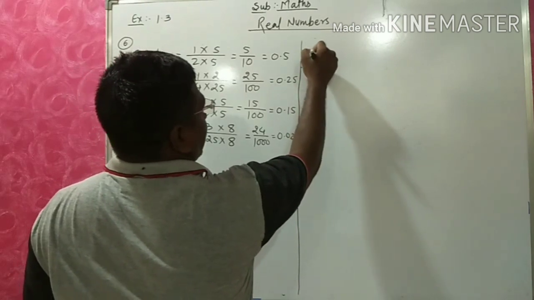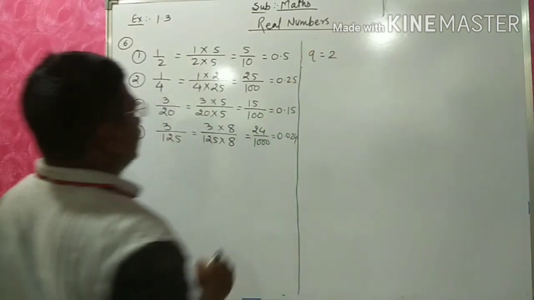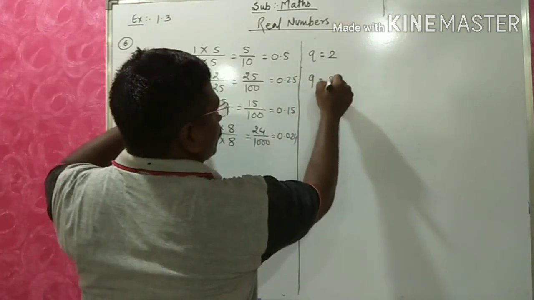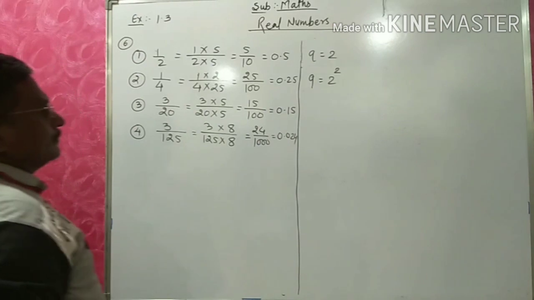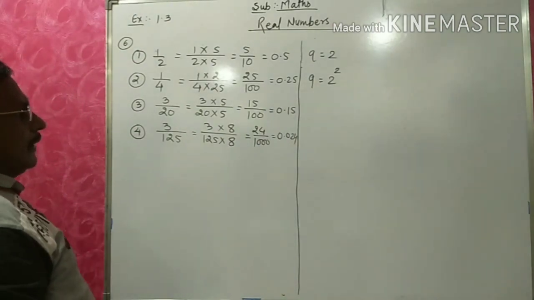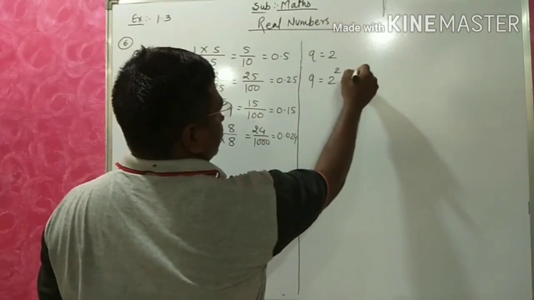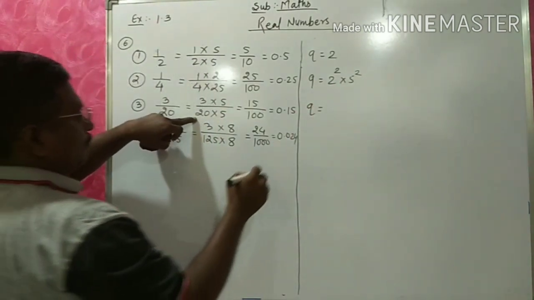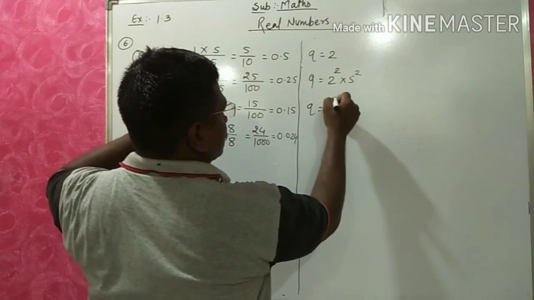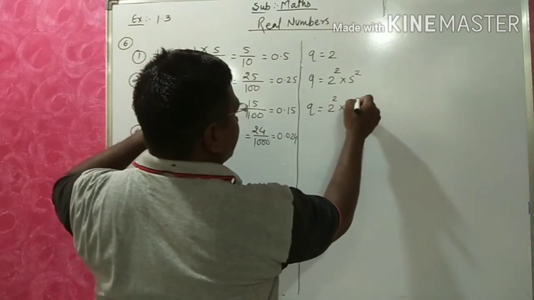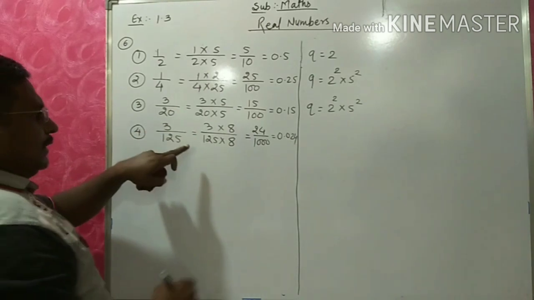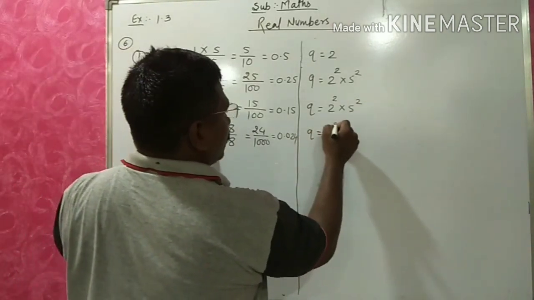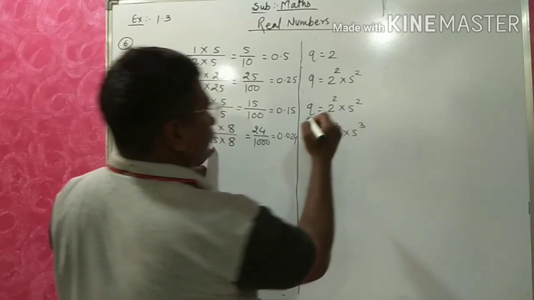Here Q equals 2 in the denominator. Here Q equals 2 square into 5 square. Here Q equals 2 square 5 square. Here Q equals 2 cube 5 cube.